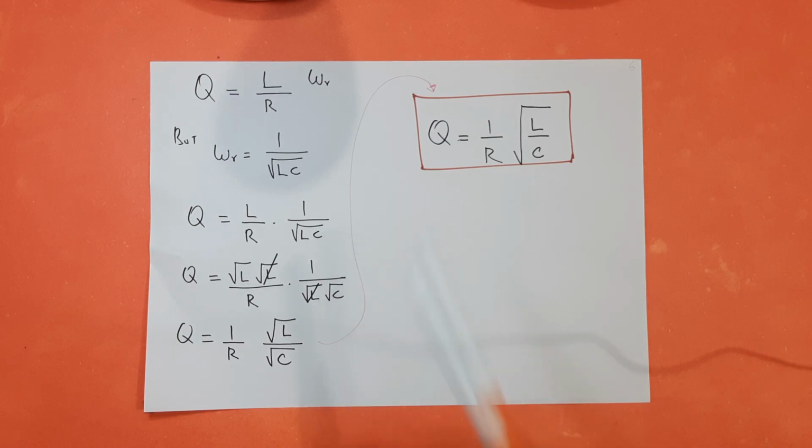So finally you can write Q equal to 1 by R square root of L by C. So this is the expression for quality factor in the case of the parallel resonance circuit. And if you recall, it is the same as what we obtained for the series resonance circuit. So your resonant frequency and the Q factor or quality factor both are same for the case of series resonance as well as parallel resonance circuit.